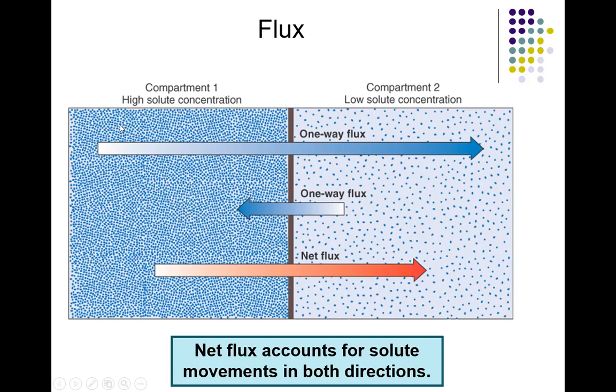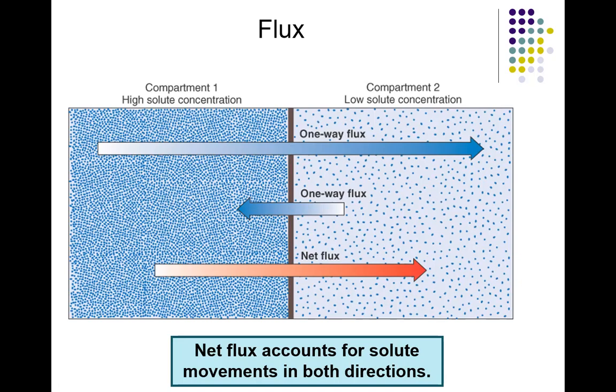But you'll notice that we have a large one-way flux going from the high concentration to the low concentration. We have a small one-way flux that goes from the low to the high concentration. However, when we look at the net flux, so the net flow or net movement of those ions or molecules, it's going to go from the high concentration to the low concentration.